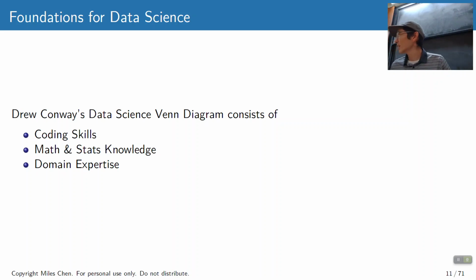When people ask what you're studying and you say your major is statistics and data science, depending on who you're talking to, they might wonder what that is. Do you guys have an answer for what data science is?